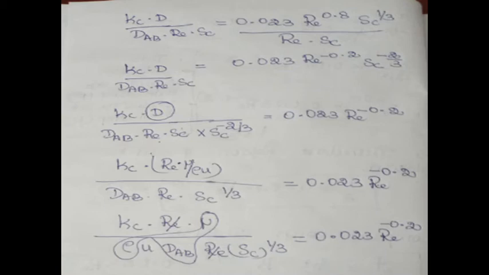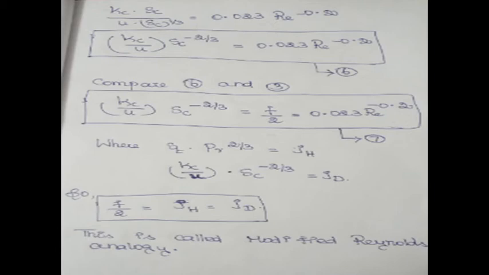From that, mu by rho into dAb is equal to the Schmidt number. So what do we do here? Kc into Sc, that is the Schmidt number, divided by u into Schmidt number power 1/3, is equal to, with no change in the RHS, 0.023 Reynolds power minus 0.2.